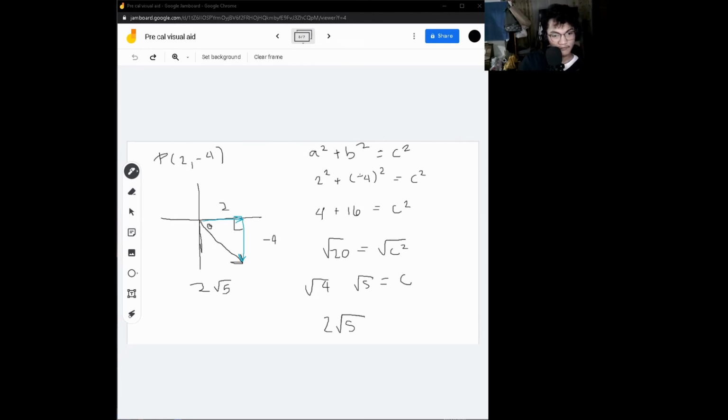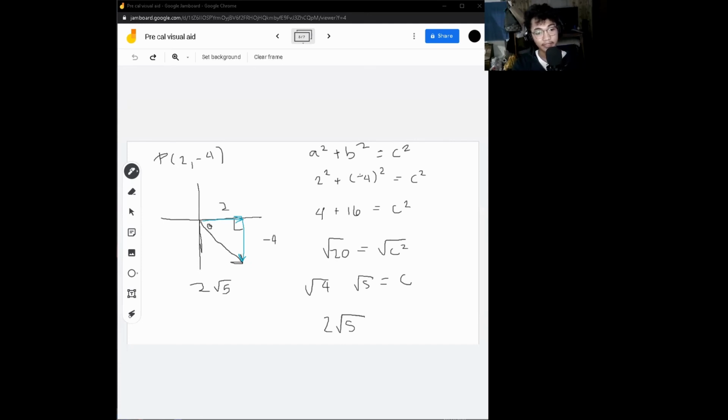So it's negative 4 divided by 2 square root of 5, which reduces to negative 2 over square root of 5. And if we rationalize it by multiplying the top and bottom by square root of 5, it becomes negative 2 square root of 5 over 5. So that's the value of sine theta.